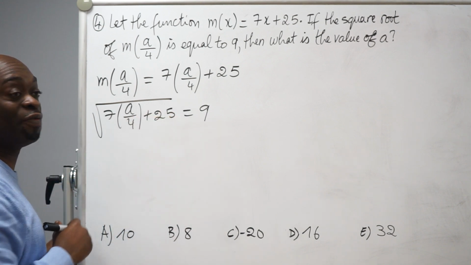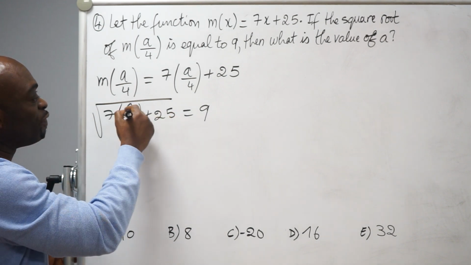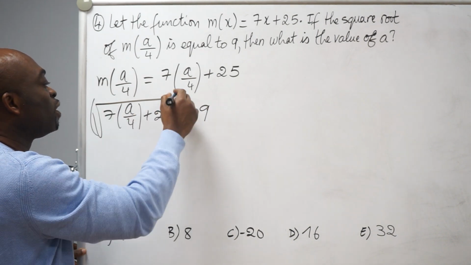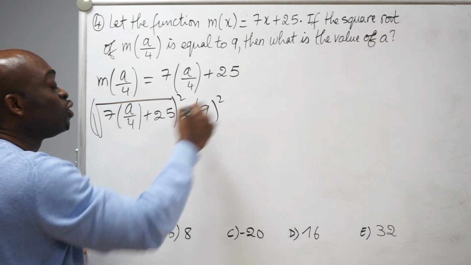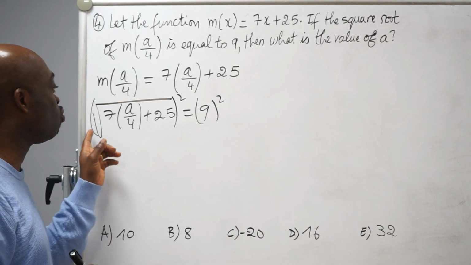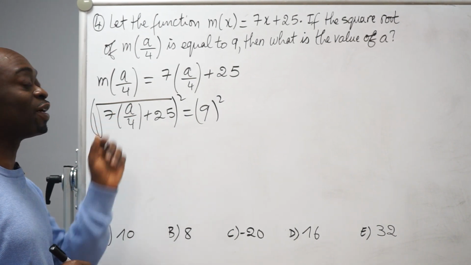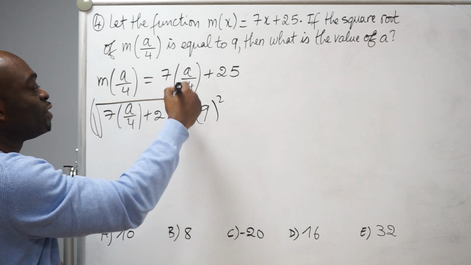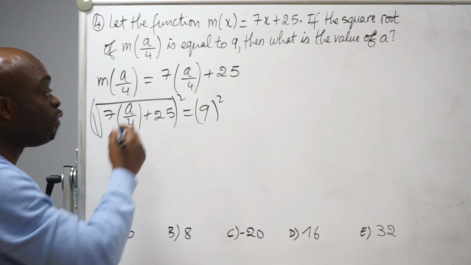So we've got to get rid of the square root. We're solving for a, so that means we can square both sides. Because remember, whatever you do on one side, you do on the other side. We square because we want to get rid of the radical, the square root. We want to eliminate the square root, so that's the reason why we take the square of both sides.